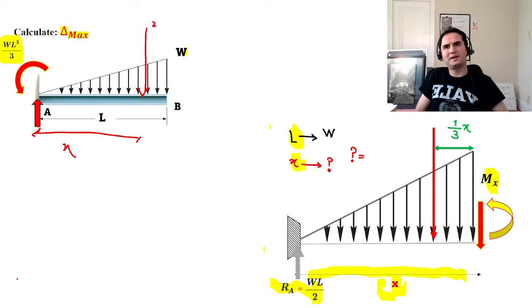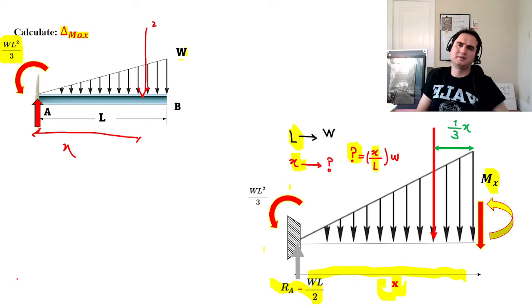By a simple comparison, the intensity is W times x over L. X over L times W is the intensity of the distributed load at the end point of x, and the resultant is located at 1/3 from the base.